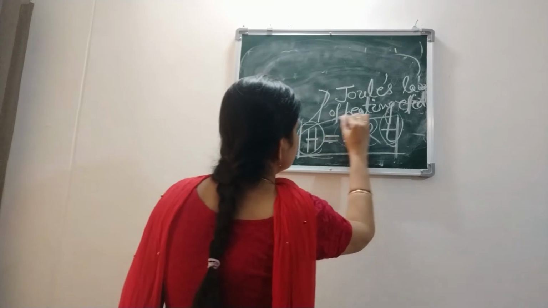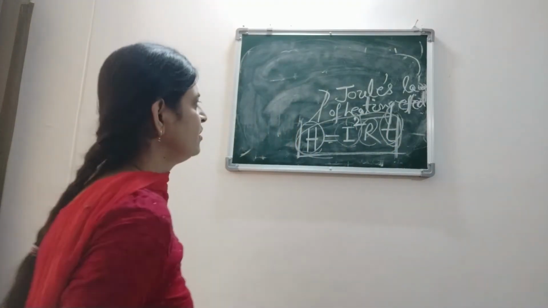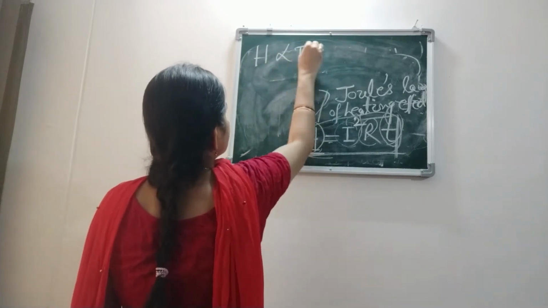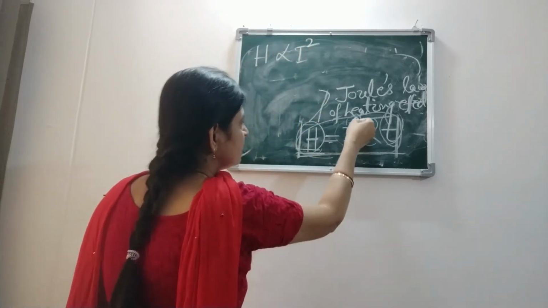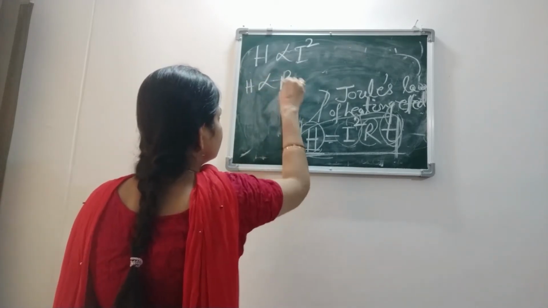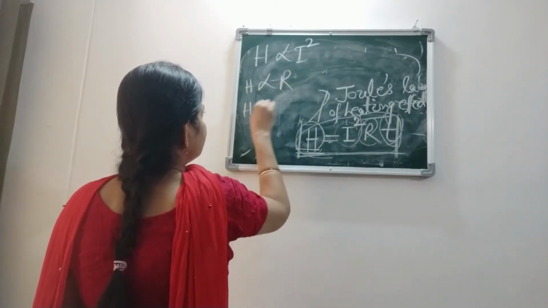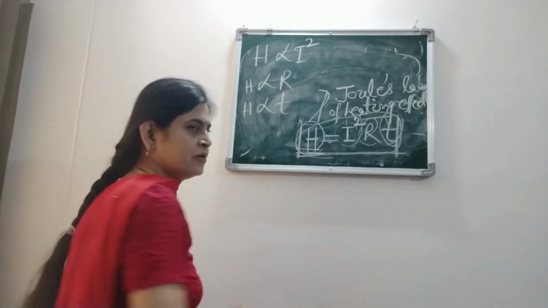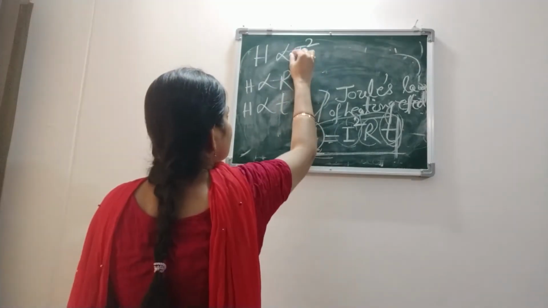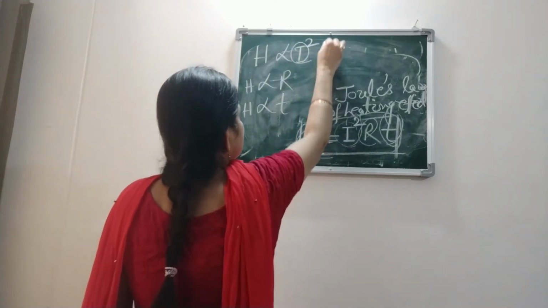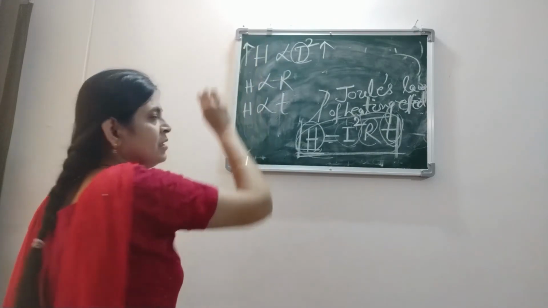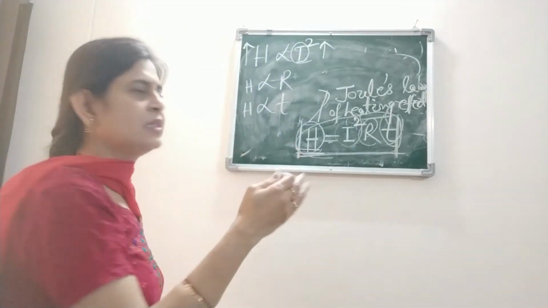So, according to this formula, we can write H is proportional to I square, the square of the current. H is also directly proportional to R, and H is directly proportional to T. That means if you increase the amount of current, then the amount of heat developed will increase.